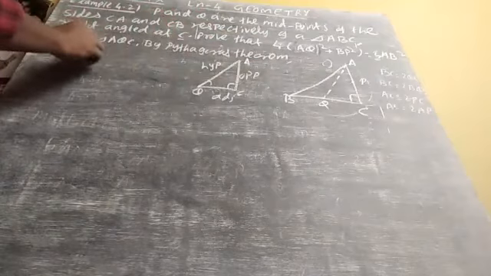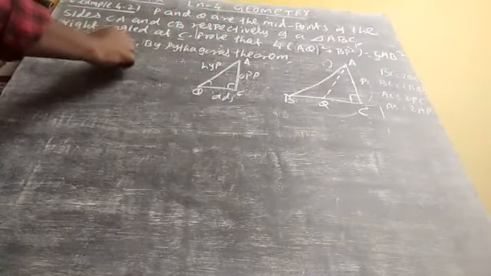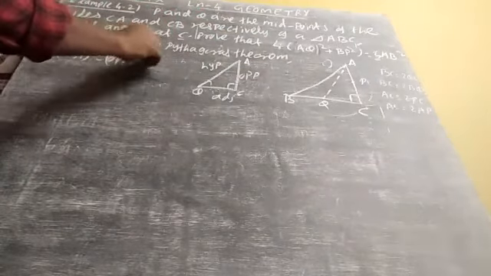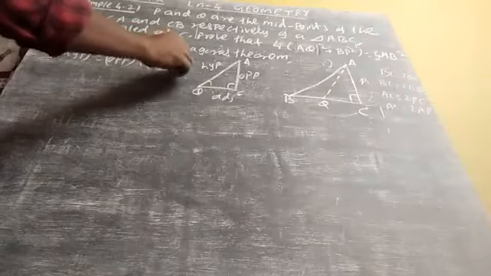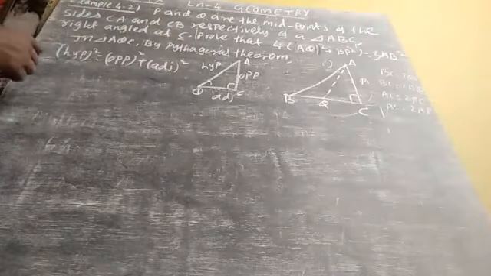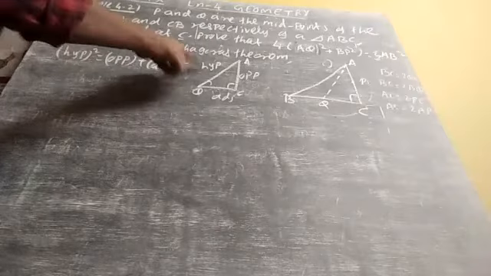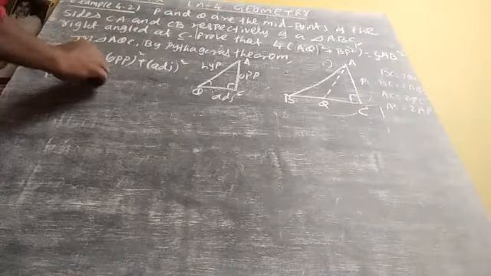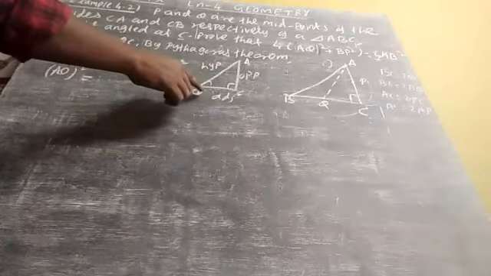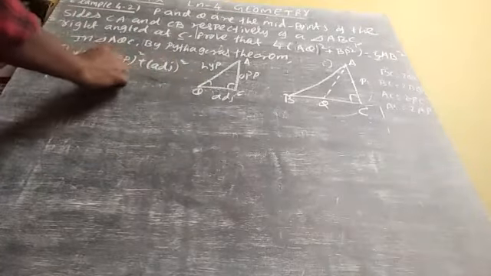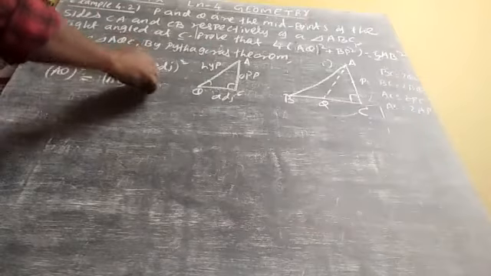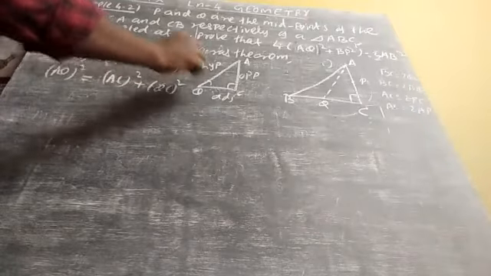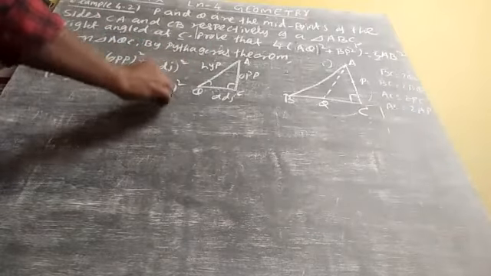Hypotenuse square equal to opposite square plus adjacent square. AQ square equal to opposite value AC square plus QC square. This is equation 2.